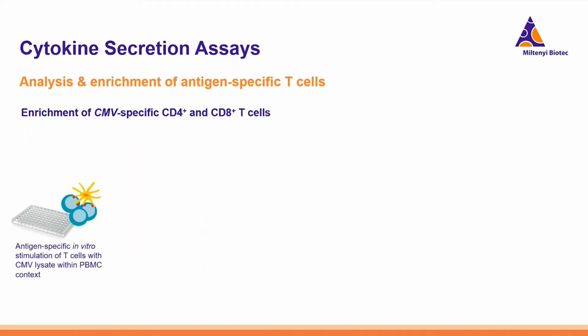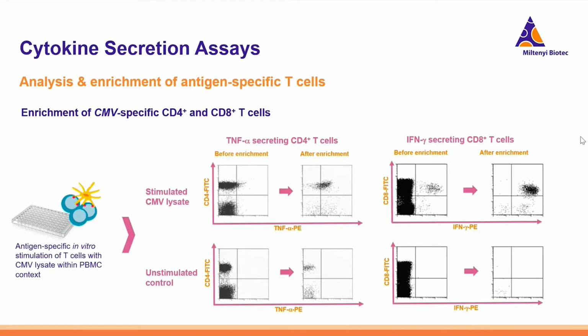The responding cells were stained and isolated according to the secretion of TNF-alpha and interferon gamma using the respective secretion assay, cell enrichment and detection kit. And as you can see, in the stimulated samples, a strong population of cytokine secreting CD4 positive and CD8 positive T cells, respectively, was enriched. In the unstimulated control sample, however, no cytokine secreting T cells were detected after enrichment.